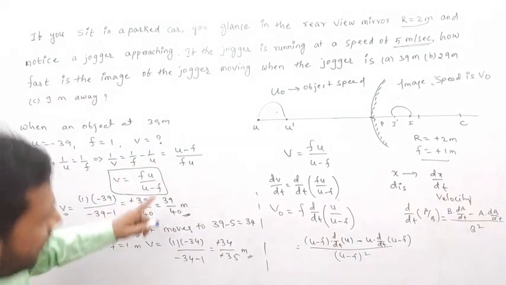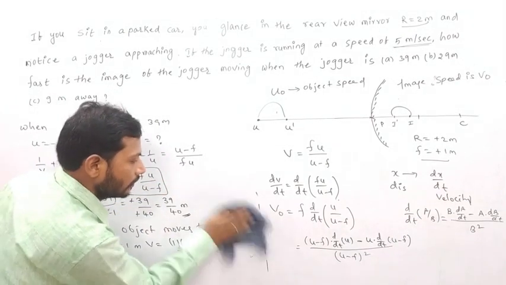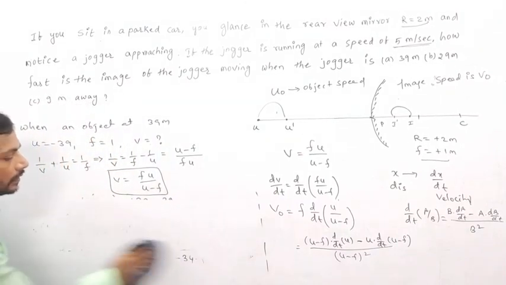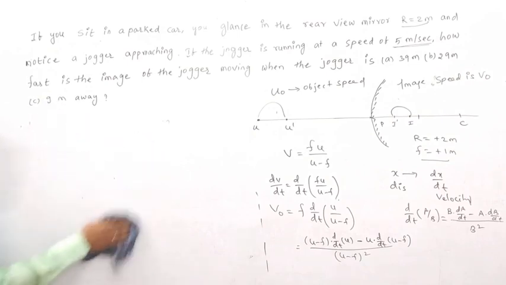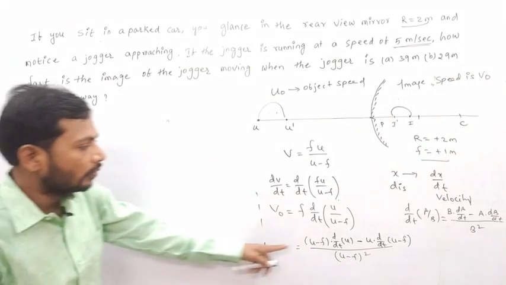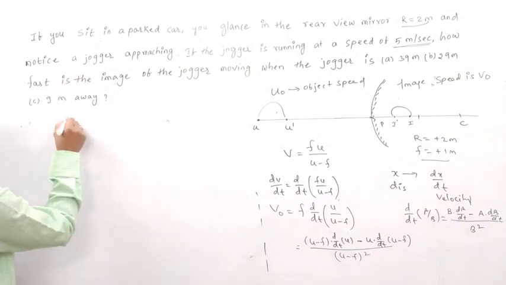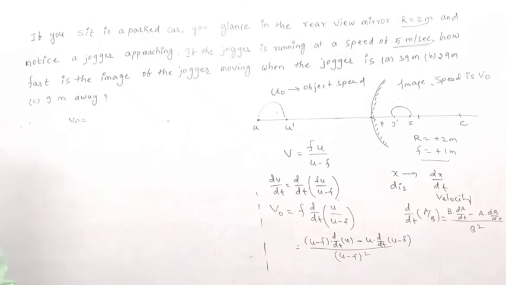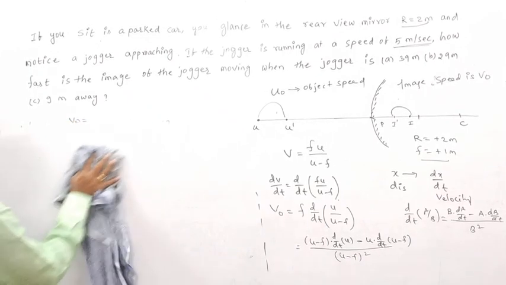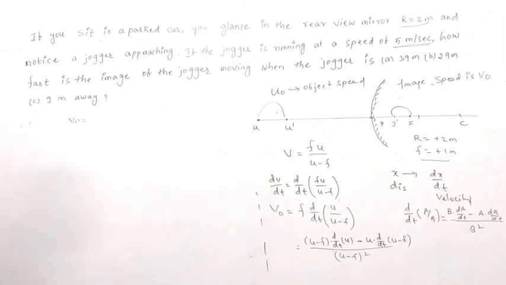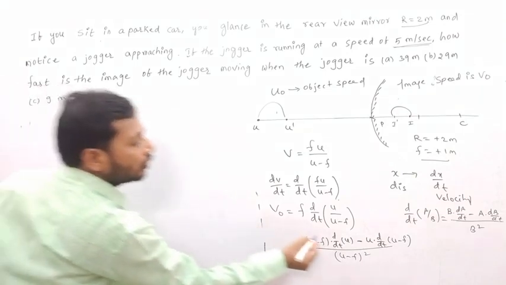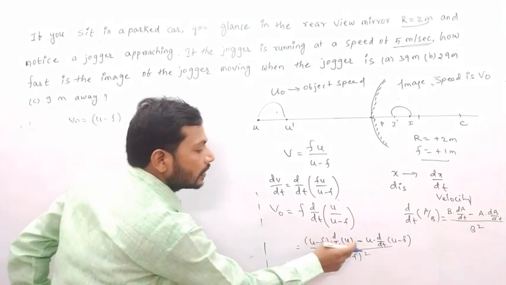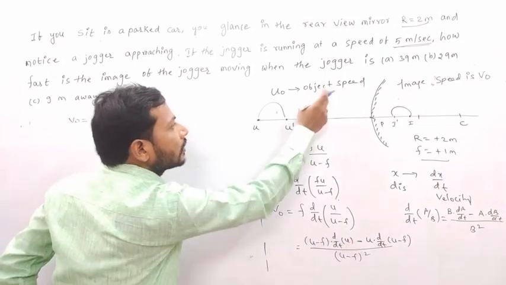If you don't mind, I will write this side. See there, v naught equals to u minus f is the constant, du by dt, the change in position of the object, is what? Object speed.